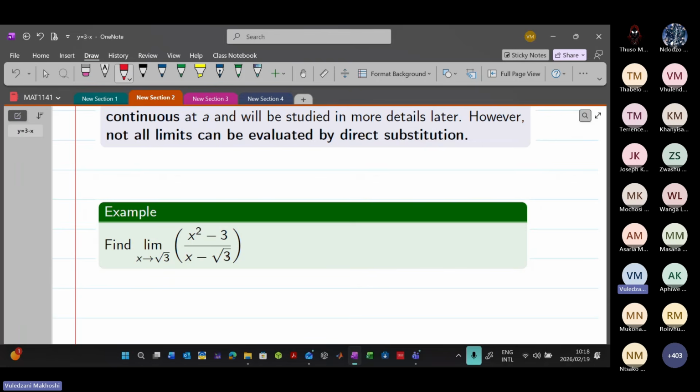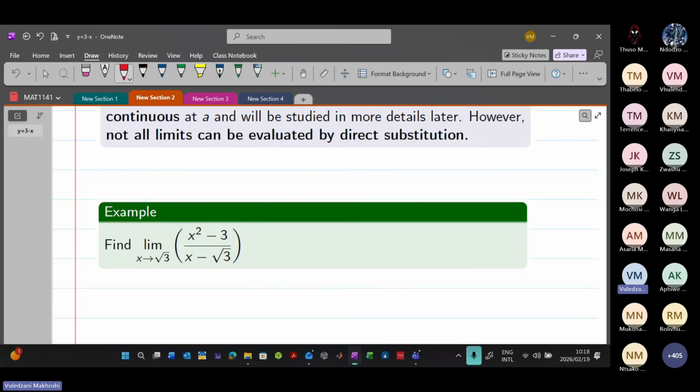So we find another function whose limit does exist when x is approaching square root of 3, and that limit will be the same as the limit of this function that we're talking about here. To do that, we just modify what we have like this.